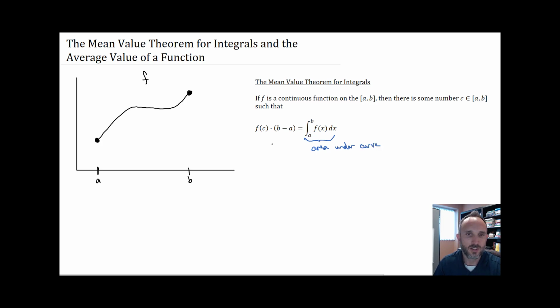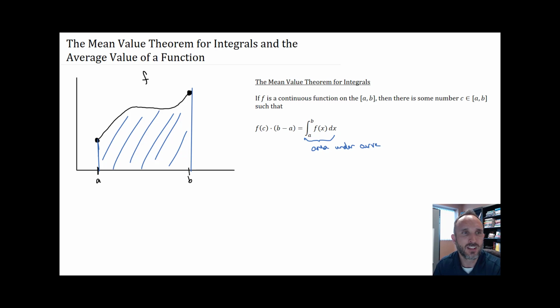So in blue over here, I'm going to draw what we're talking about. I'm not very good with this tablet, so let me use a straight line feature. We're talking about the area under this curve, which looks something like that. The exact area under that curve. That's what the right side is.